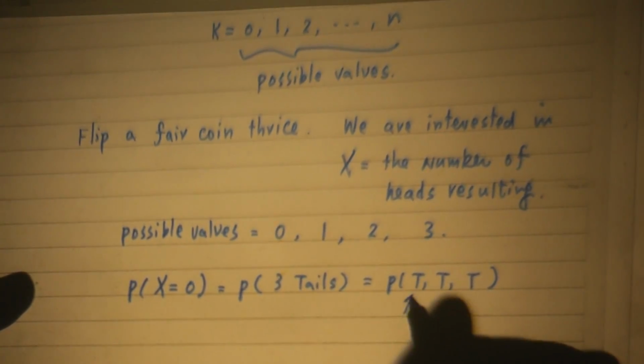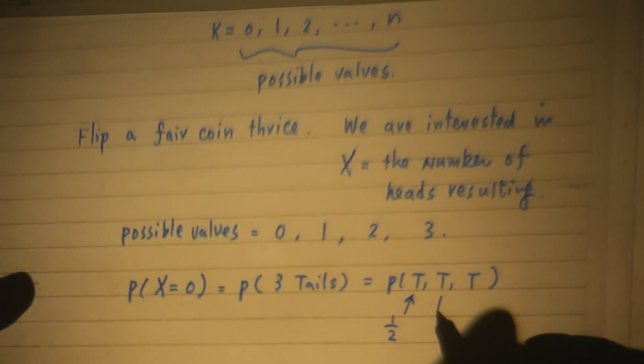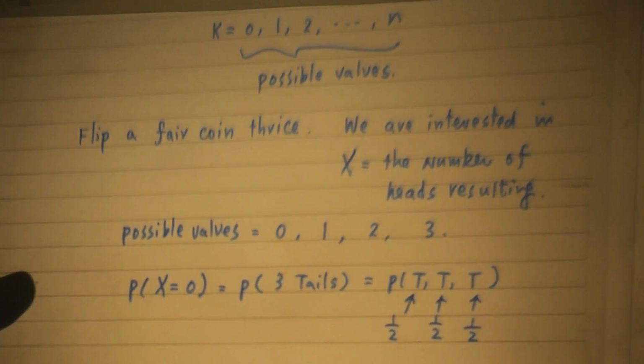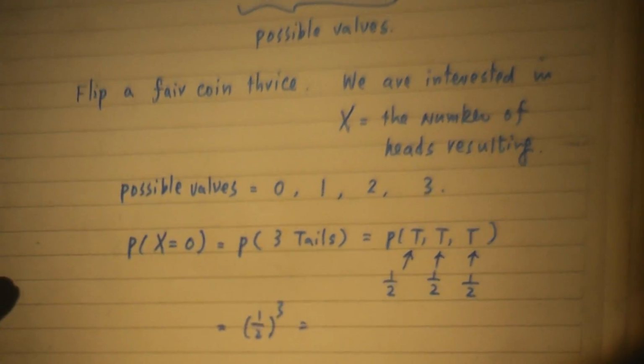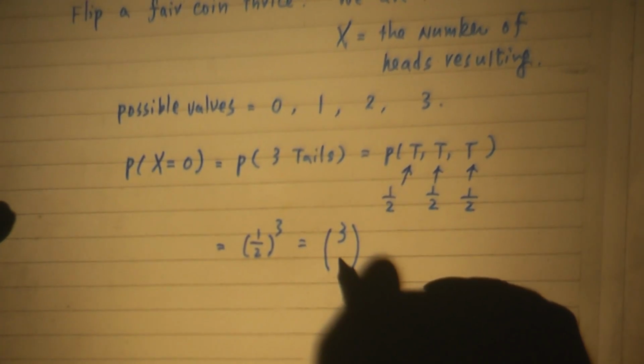But how likely do I see a tail? The chance is 1 over 2. Here, the chance is also 1 over 2. Here is also 1 over 2. So it's 1 over 2 to the power 3. But another way to see it is from 3 flips, I choose what?